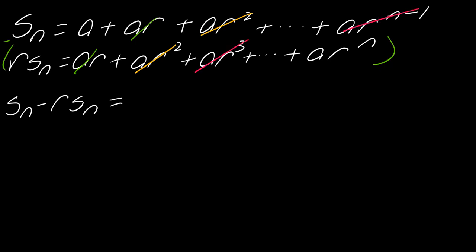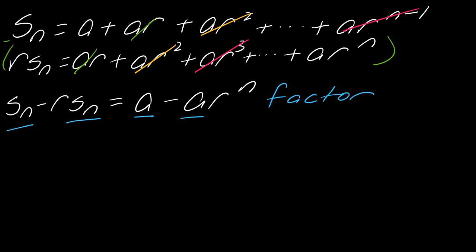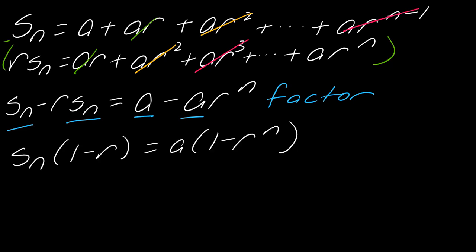All of that cancels, and what I'm left with in the subtraction is a minus a times r to the n. Now I can factor: on the left side I'll factor out the S sub n, and on the right side I'll factor out the a.